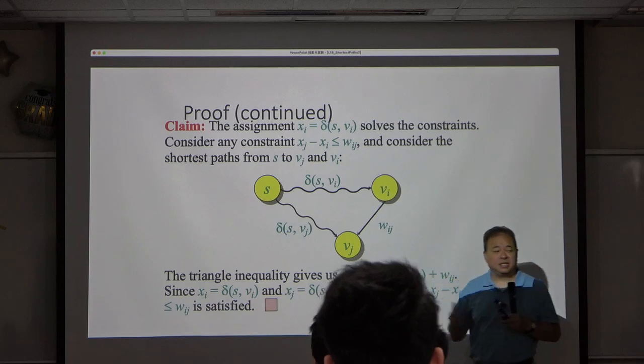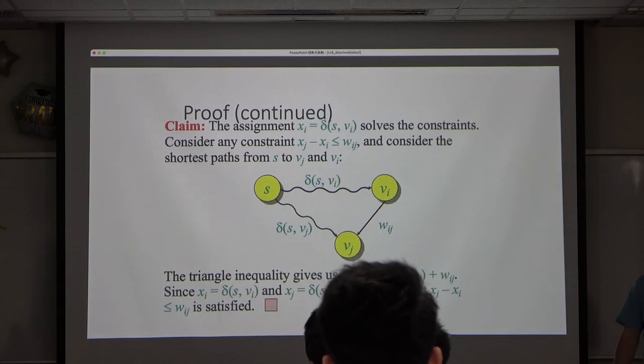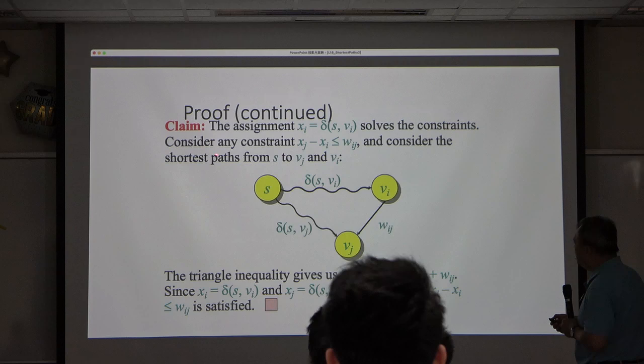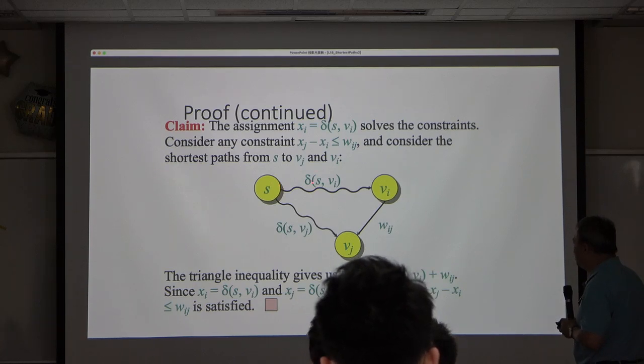That's exactly what I just told you about how you convert each constraint into a graph format. Then consider the shortest path from S to Vi and Vj. This is the shortest path from S to Vi, this is the shortest path from S to Vj.